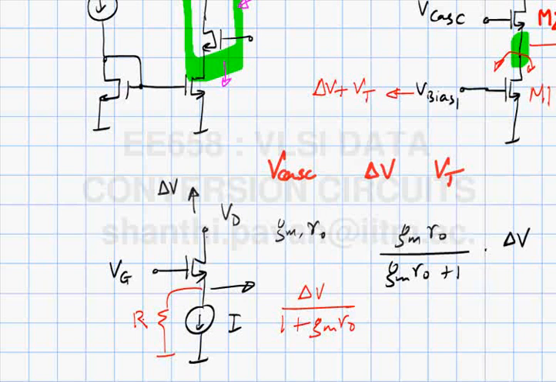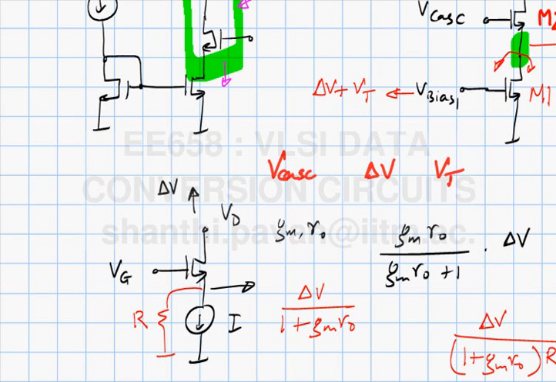So what is the voltage change across this R? It is this character here. So what is the increase in current here? It is nothing but delta V divided by 1 plus gmro, divided by R. And where must that current flow? It must flow through this transistor and come out.